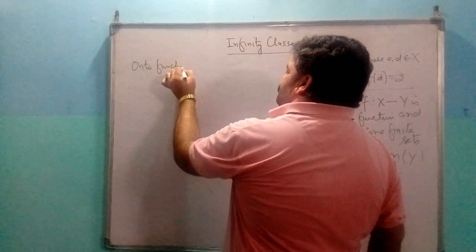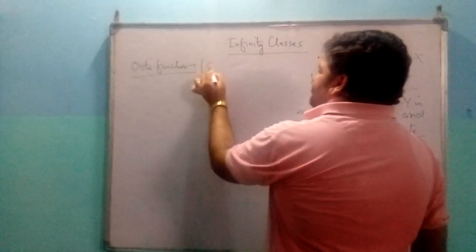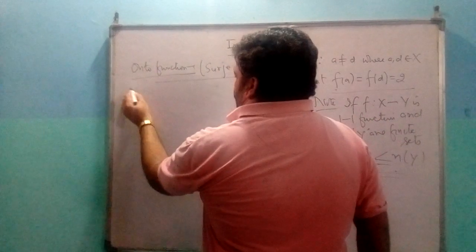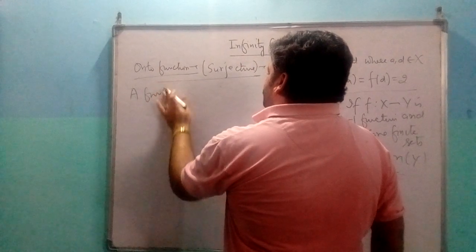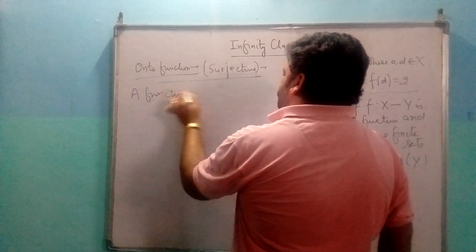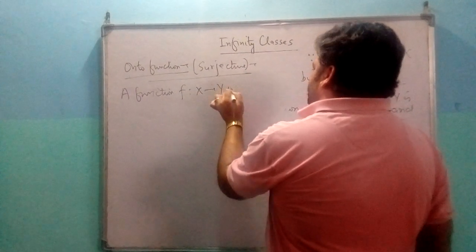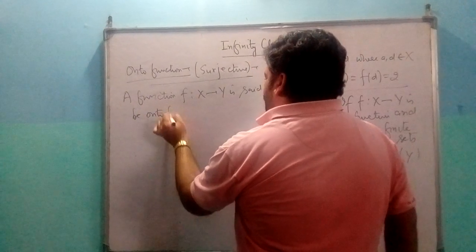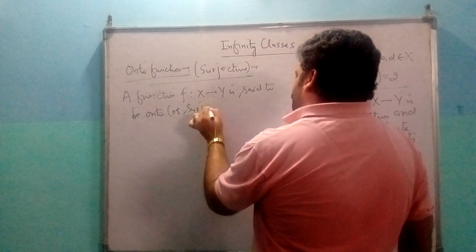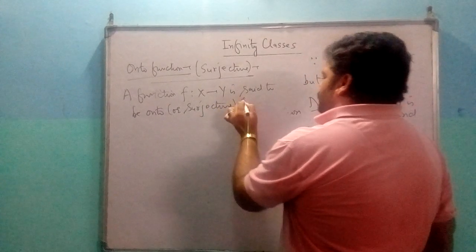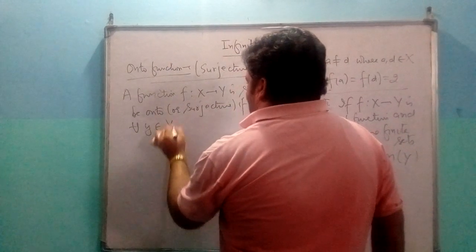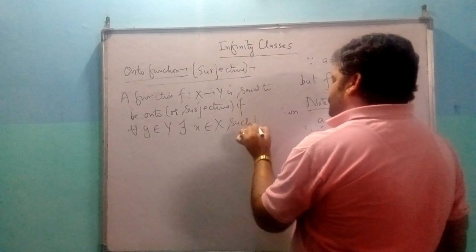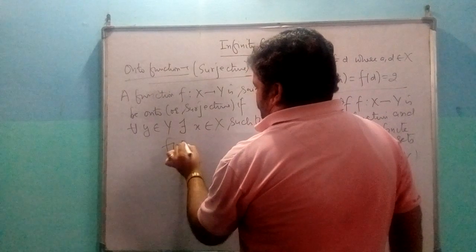Onto function, we say surjective. A function f from x to y is said to be onto or surjective if for every y belongs to y there exists x belongs to x such that f of x is equal to y.